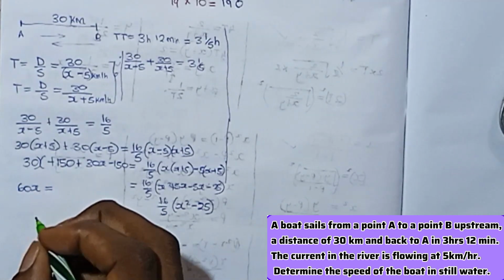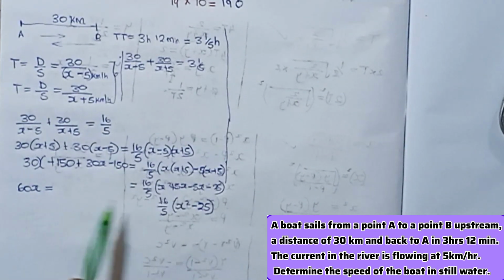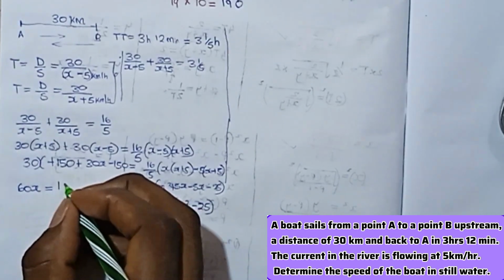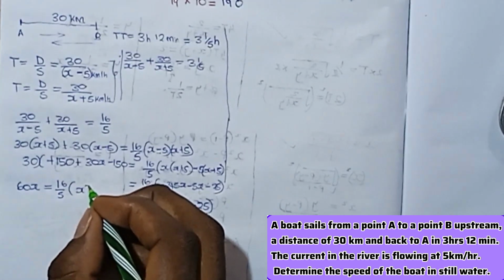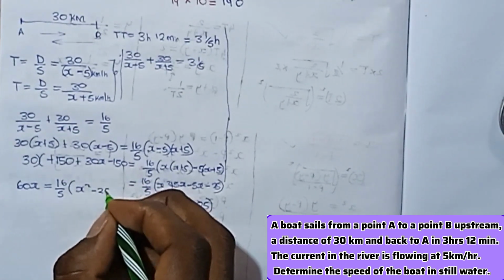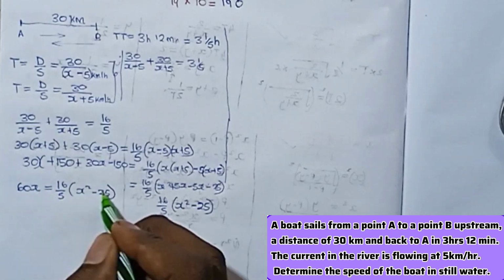So we have 60x is equal to 16 over 5 into bracket x square minus 25. Let us multiply by 5 on each side.